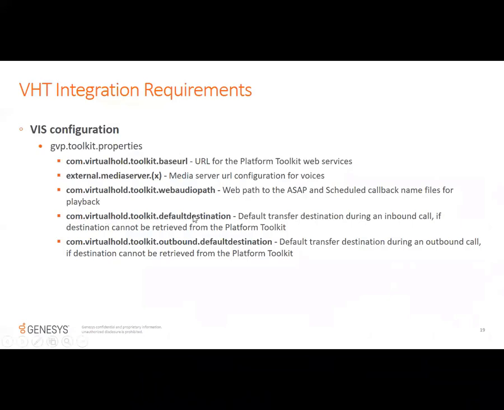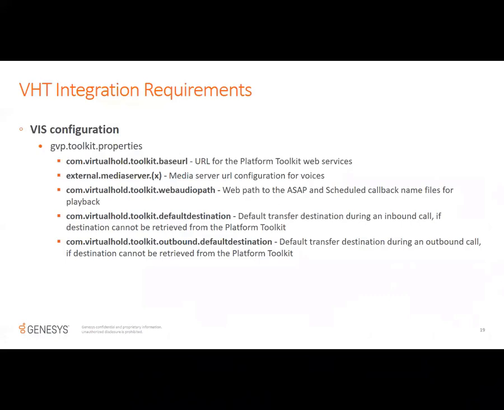The Virtual Toolkit defaults destination. This is basically telling Viz, in the event that it can't talk to Platform Toolkit, where it needs to route the call, so the call just doesn't die. Because of the way outbound calls are made, they go directly into GVP. They don't go through router or anything.